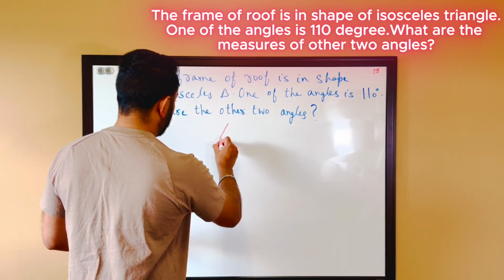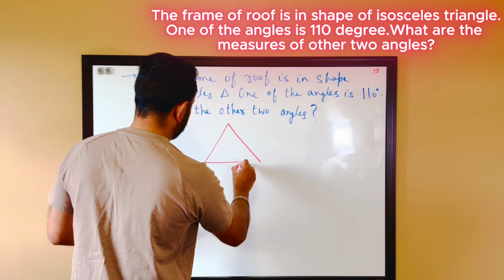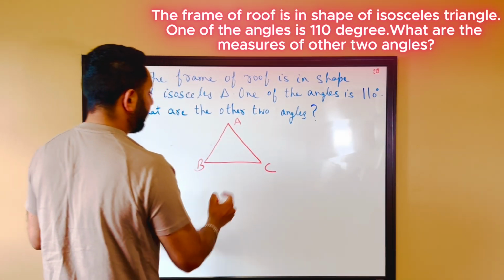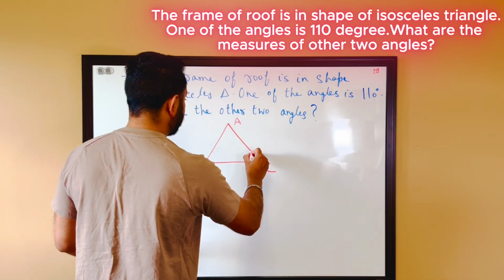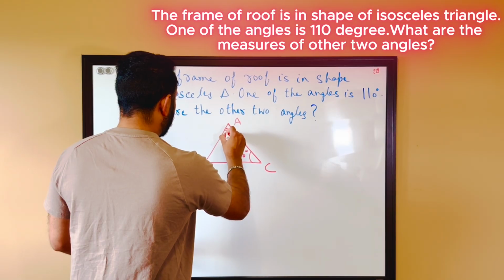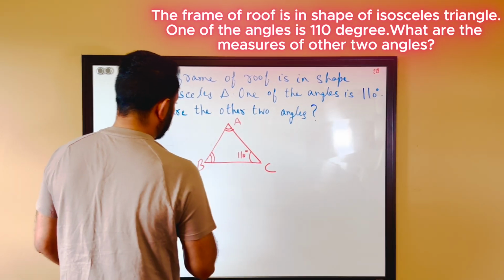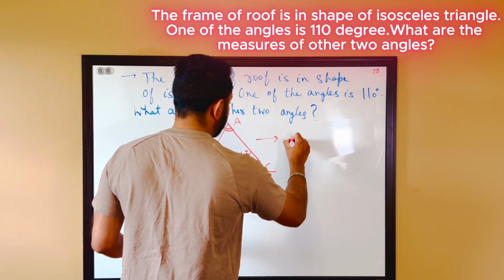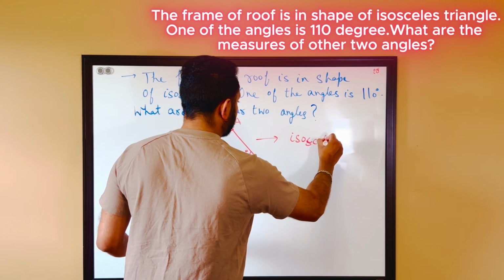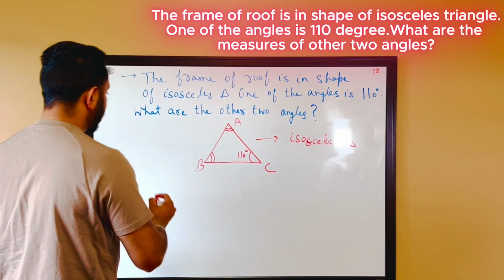So let's draw the isosceles triangle first, like A, B and C, and we are given one angle which is 110 degrees, and A and B are equal because it is an isosceles triangle.